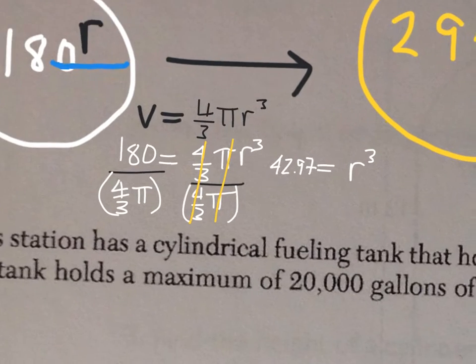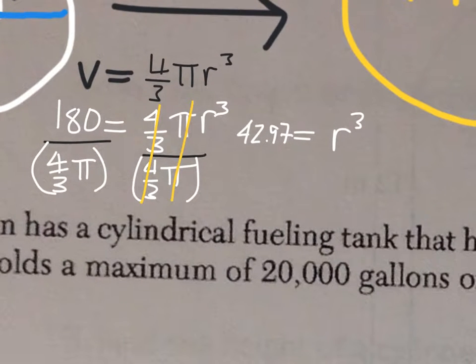Now it's going back to using the calculator and how to get rid of that 3. So what do you remember from yesterday about getting rid of the third power from these questions? Yes, so Mackenzie remembers properly. You got to use the cube root to get rid of it.